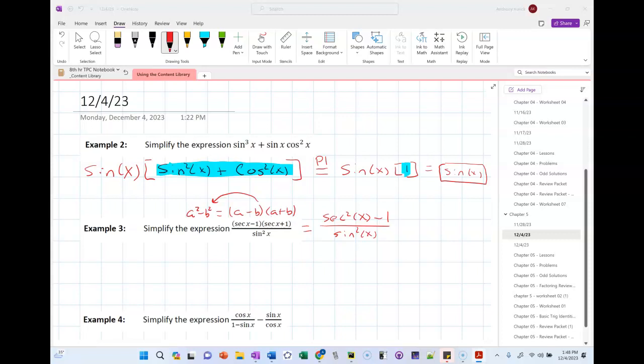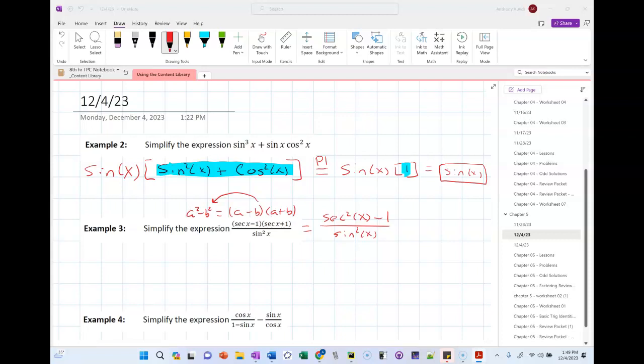Which P seems like the relevant one? Okay, so I could use P1 to rewrite sine squared as 1 minus cosine squared. I would not do that, though, because I would rather not go from one term to 2 terms.